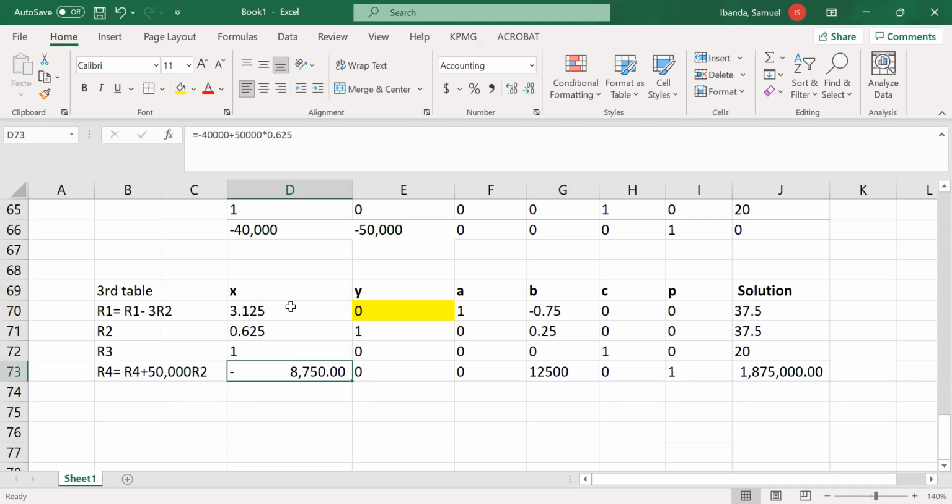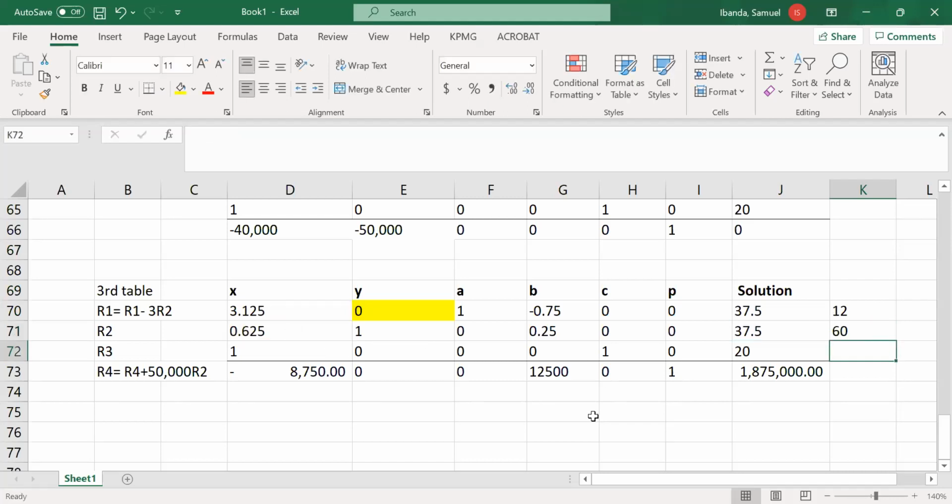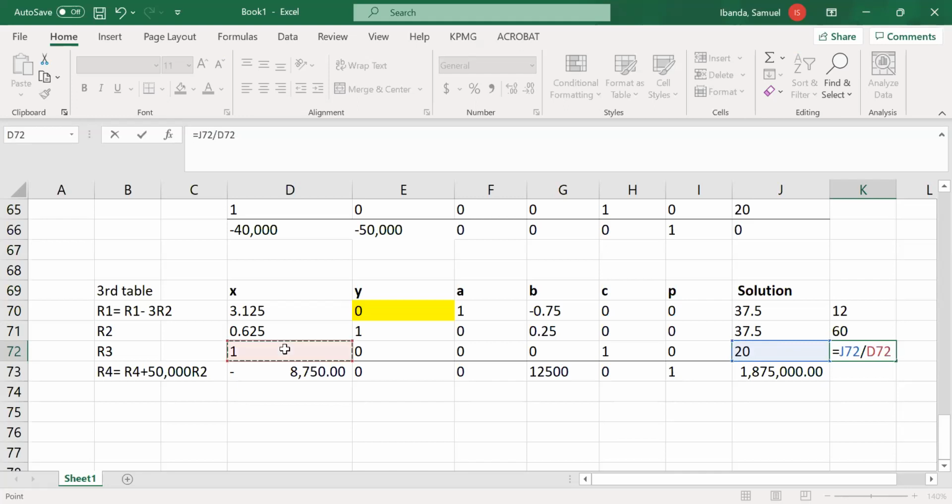So this will give us our pivot column. After we've gotten our pivot column, we are going to divide. So I'm going to divide 37 divided by 3 gives me 12. I'm going to divide this by this, gives me 60. Then I'm going to divide this by this.